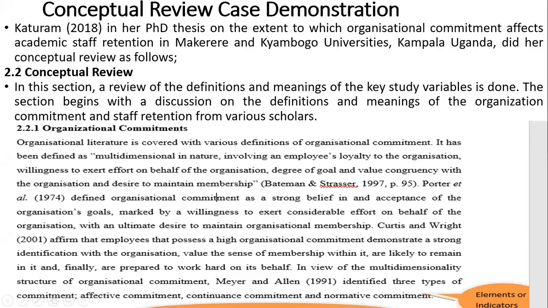For example, in a definition, we are highlighting a number of things: the standard definition from different authors, the elements of the variable from different authors. We are highlighting whether you are able to identify the differences in the definitions and the similarities in the definitions given.